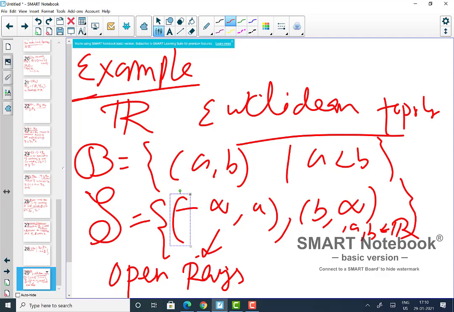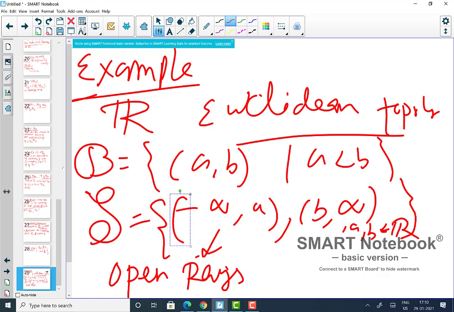Now you see that these form a subbase. First of all, this covers the full line, no doubt about it. Second, how do you get the base? If you take intersections of these elements, they become either the empty set or open intervals, and they become the basis, and hence you can define the equivalent topology by taking finite intersections and then unions of those intersections.